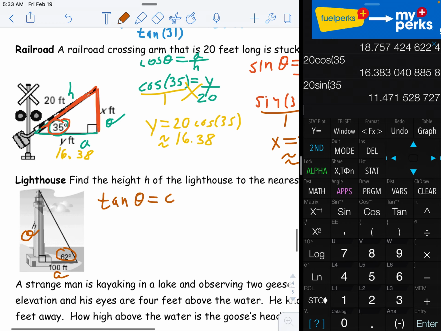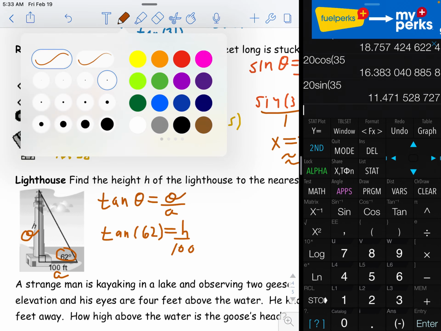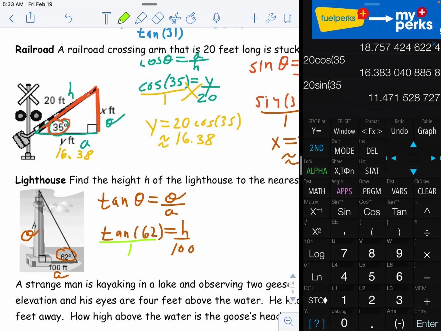Tangent in SOHCAHTOA uses opposite over adjacent. So tangent, remember I made up SOHCAHTOA to help kids remember which trig function to use. All right, you guys might be scared, but don't worry, you guys are gonna be so good at this eventually. I actually think this is one of the easier things we do the whole unit.